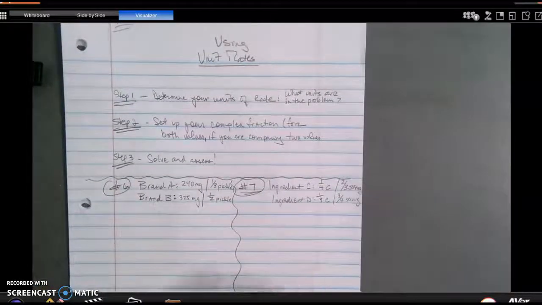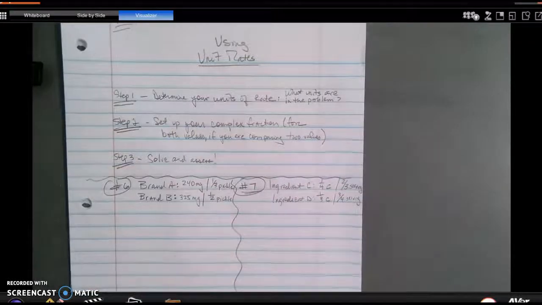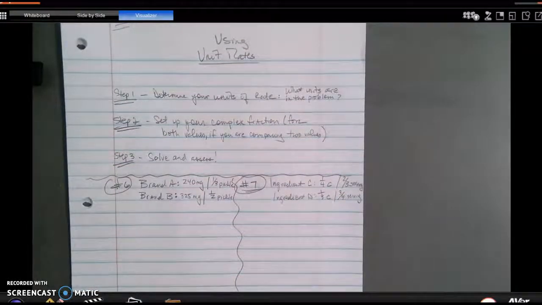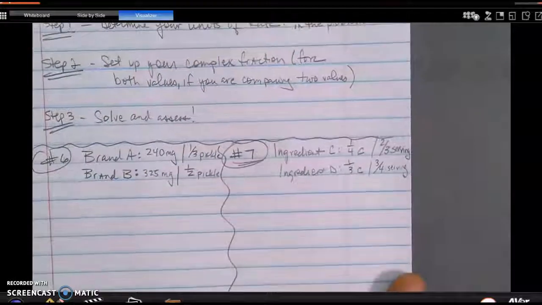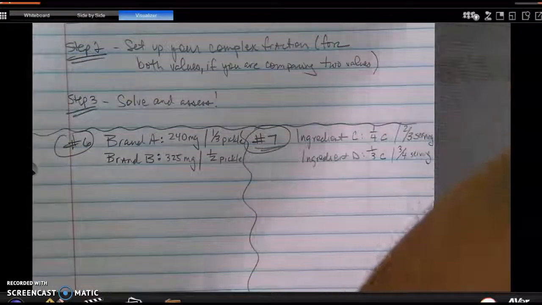We're also then going to set up your complex fraction for both values if you're trying to compare 2 different values. And then solve and assess based upon what the directions are actually asking for you to do. So what I'm going to do is focus in on brand A and brand B for the 2 brands of pickles.